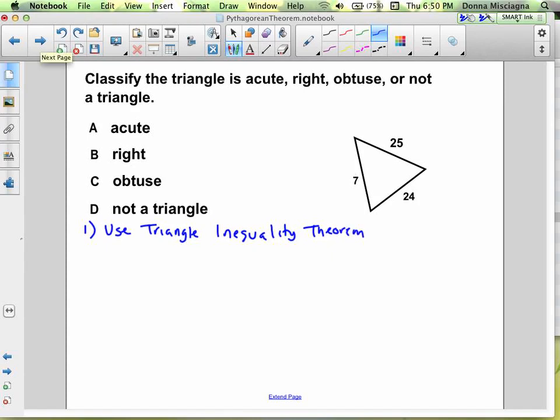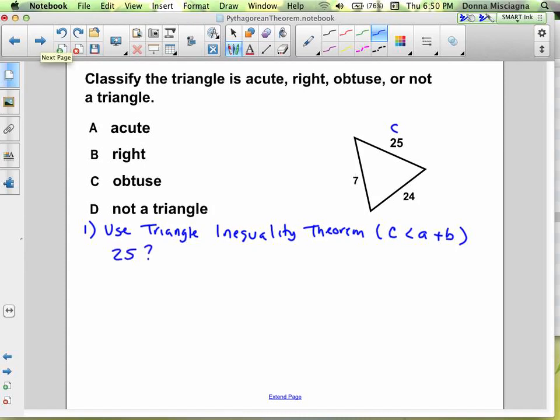Step 2, we're checking that C is less than A plus B. If you want to write that once at the top, that's fine. Of course, I tell you now that we're on the third problem. So we got 7, 24, and 25. 25 is the greatest value there, so 25 is C.